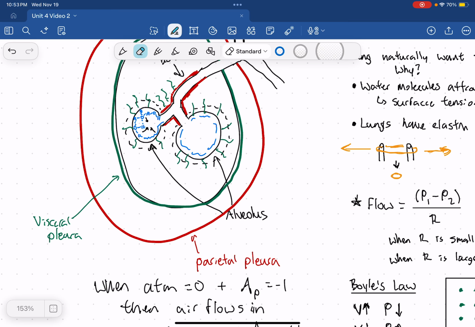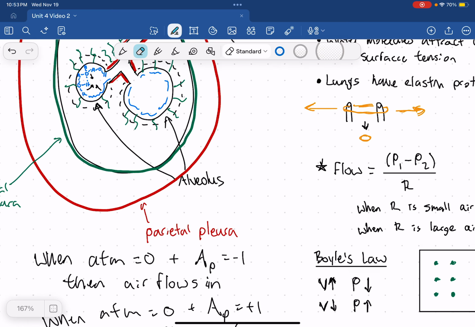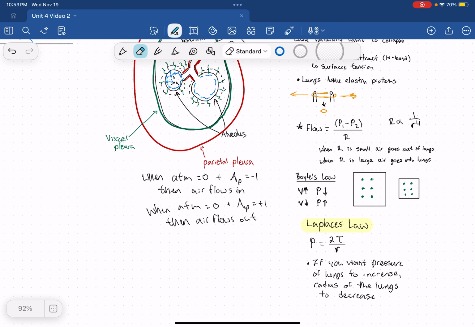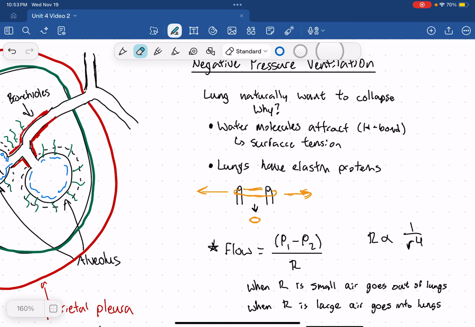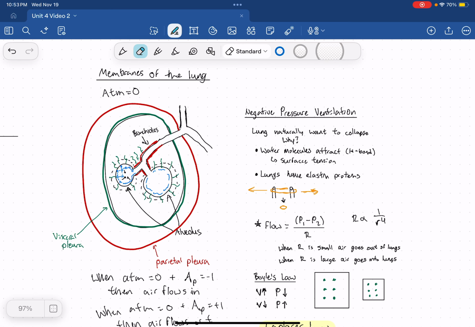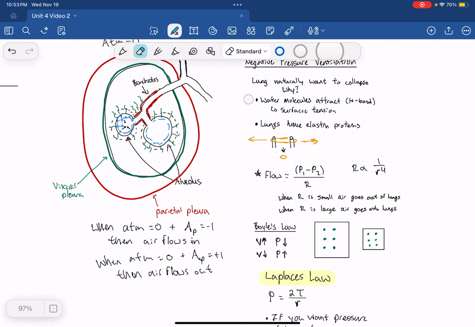If we want air to get into the lungs, we must increase that radius. Now, this can become a problem. Water and elastin help the lungs to naturally collapse, so that helps us get air out of the lungs, which is normal.